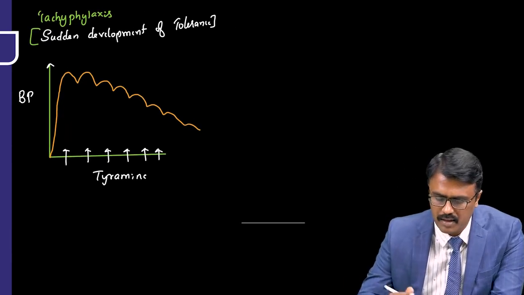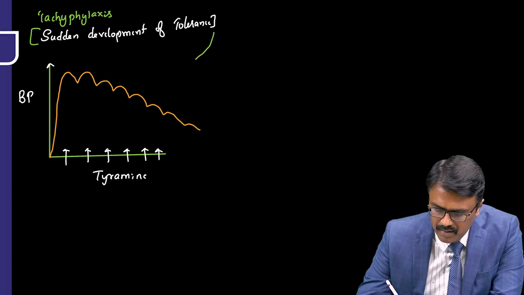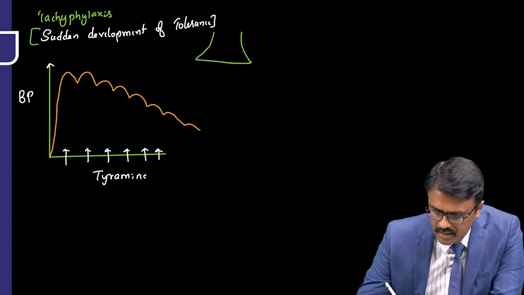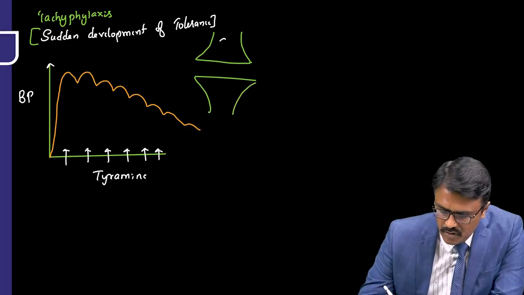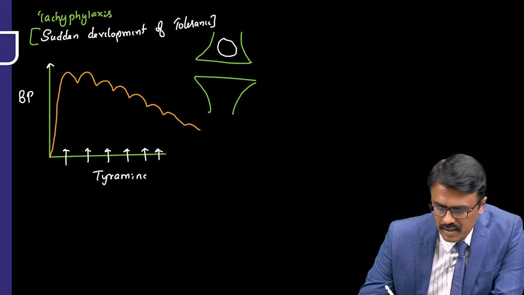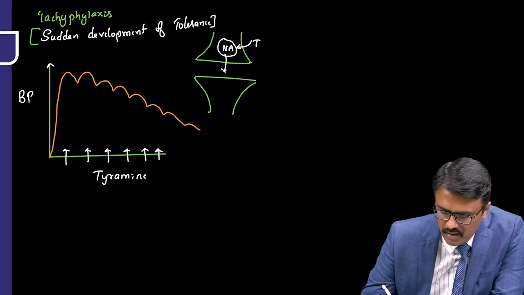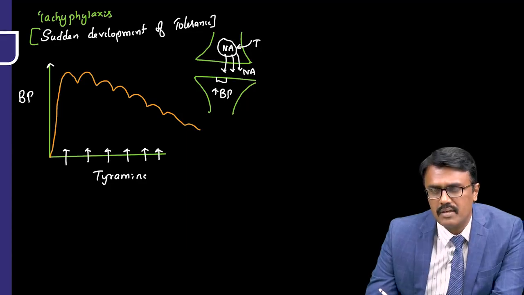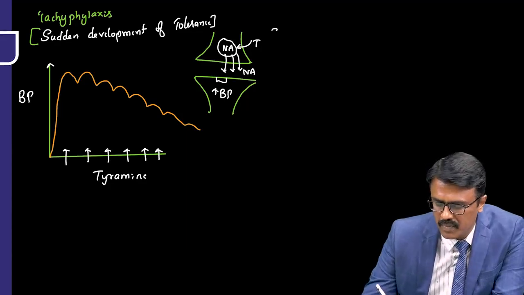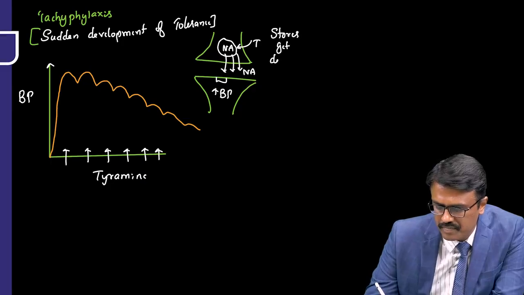Now why did this problem occur? Let us understand in the synapse. Norepinephrine is stored inside. And when we repeatedly give tyramine, tyramine keeps on displacing norepinephrine, so this norepinephrine keeps on coming. Initially, this will increase the BP. But when you continuously give it, the norepinephrine stores get depleted.